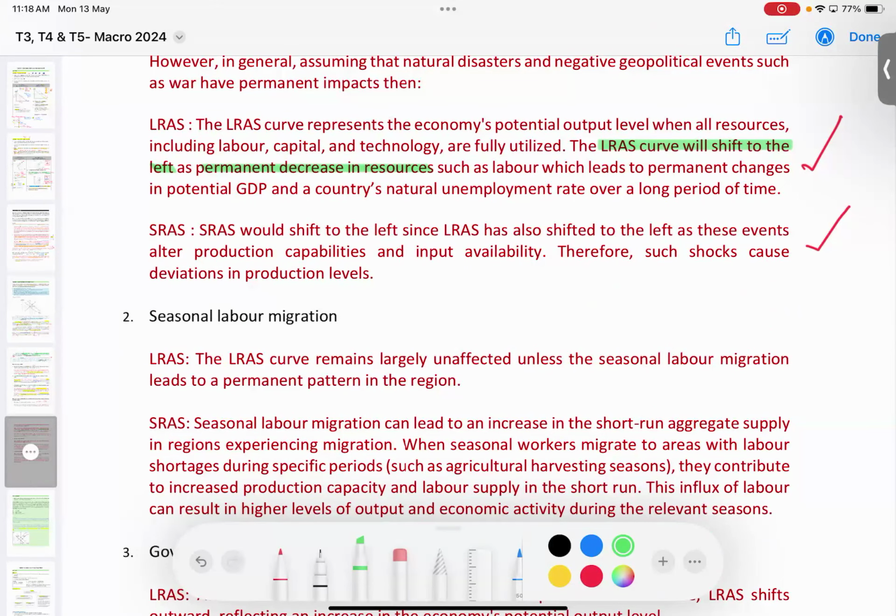So that reduces the potential GDP of the economy. Whereas for SRAS, it will shift to the left as well, because LRAS has shifted. All this will affect the production capabilities and the input availability. So all these kinds of shocks will cause deviation in the production level.